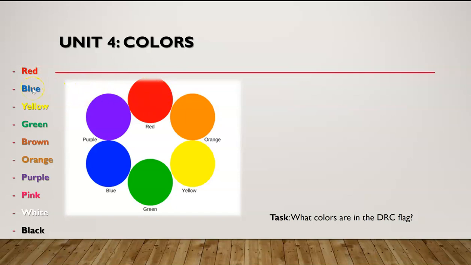You have blue. This is blue. You have another blue there. You need to know, as it comes to blue, that there are two types of blue. You have dark blue, but there is also what we call light blue.